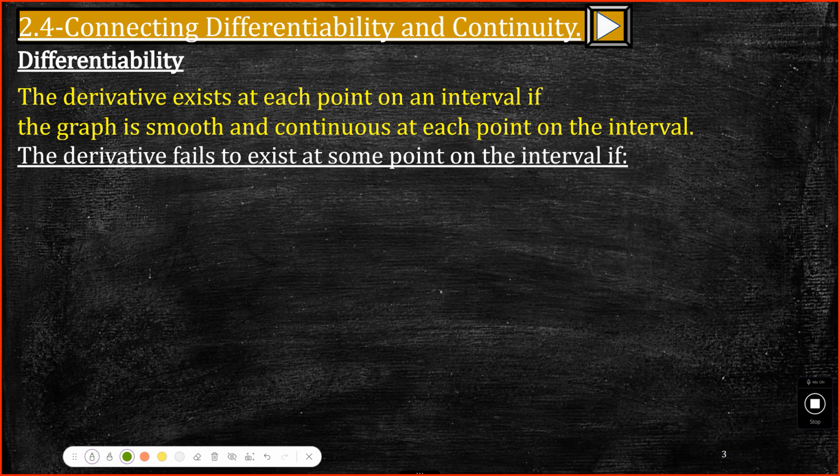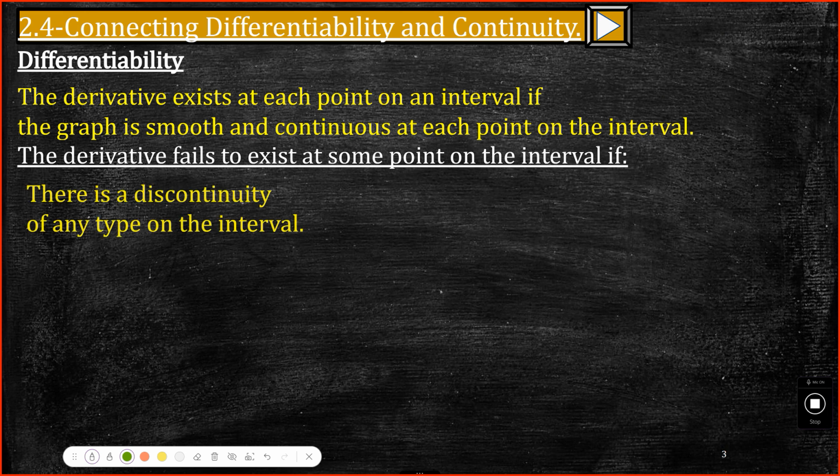The derivative fails to exist at some point on the interval if there is a discontinuity of any type on the interval. There is a hole in the function. Say we have a function that's a straight line, but then it has a hole.